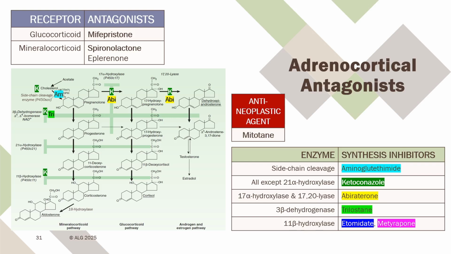With trilostane, we still have DHEA. Finally, we have etomidate and metyrapone that specifically inhibit 11-beta hydroxylase, affecting just the glucocorticoid pathway. With these two drugs, we still have an intact androgen pathway and 11-DOC for mineralocorticoid activity.